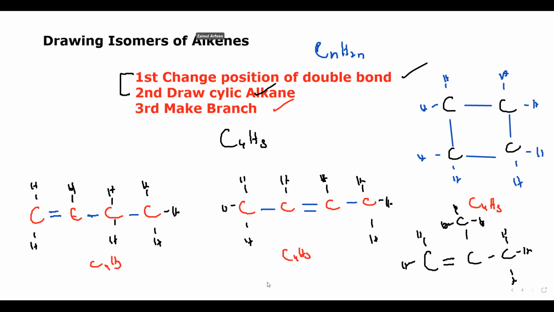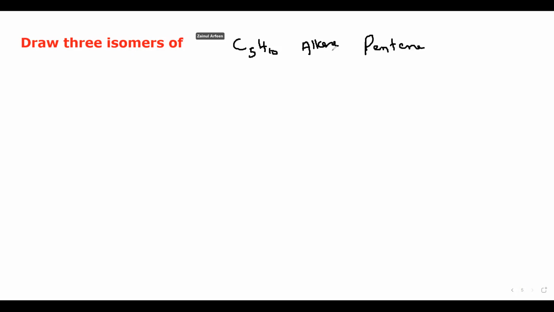So if I want to draw three isomers of C5H10, it is an alkene, and we can say it is pentene, because of the 5 carbons it is pent, and because of the double bond it is pentene. First we draw 5 carbon atoms: 1, 2, 3, 4, 5.